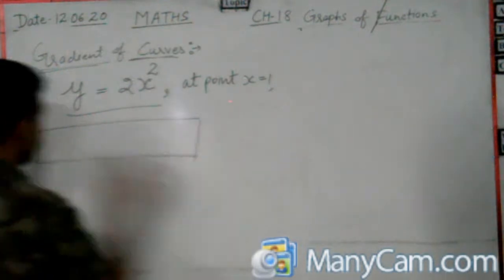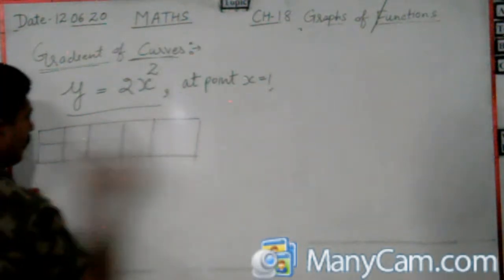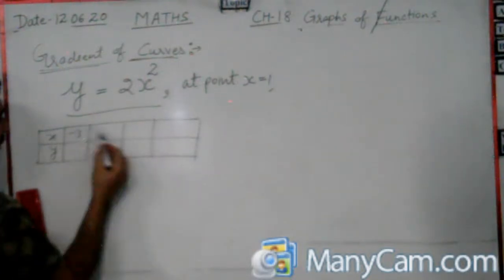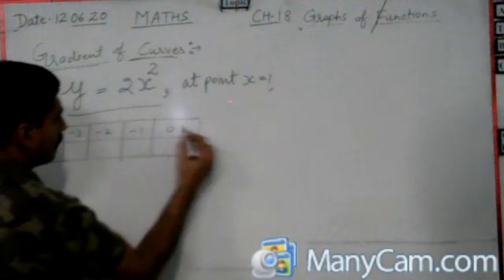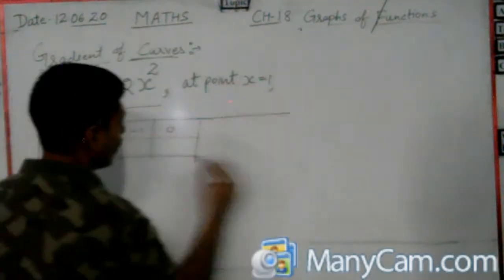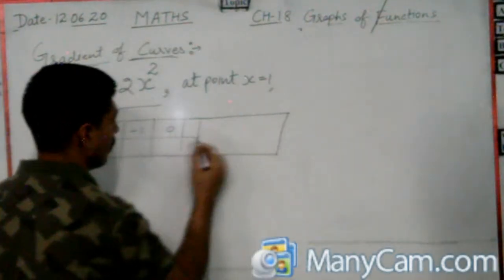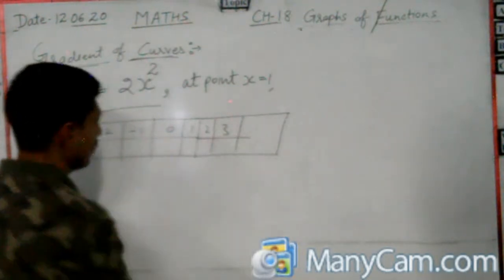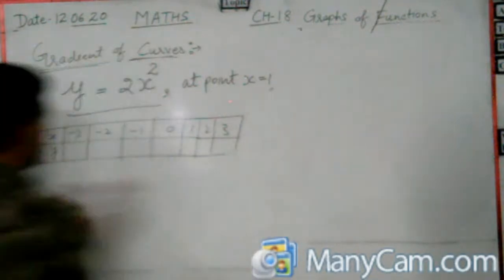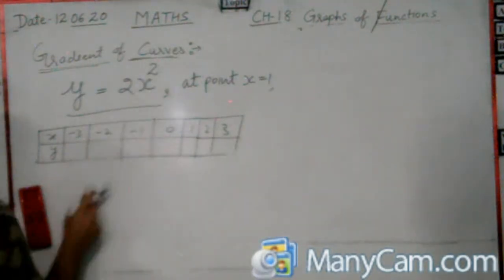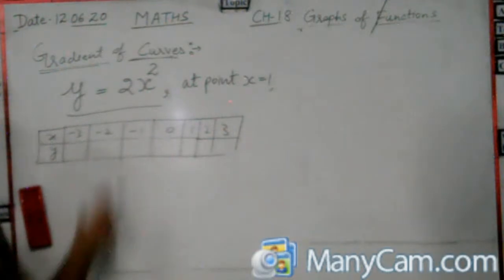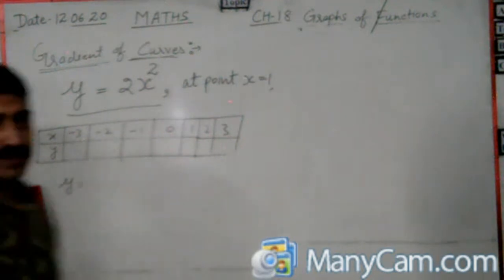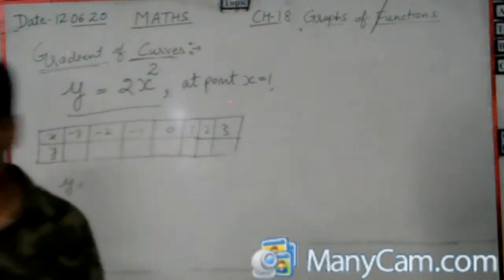So here y with x values -3, -2, -1, 0, then we have 1, 2 and 3 here. So here when x is -3, y is equal to... I am directly taking the values from the book.